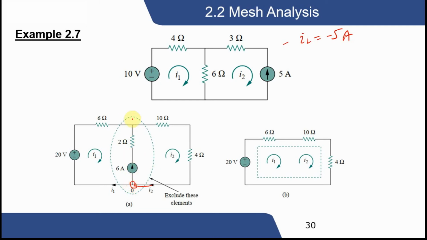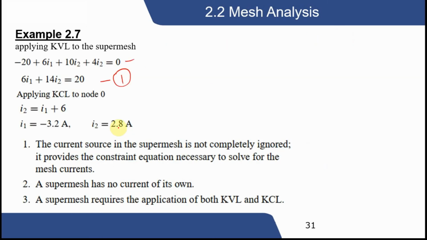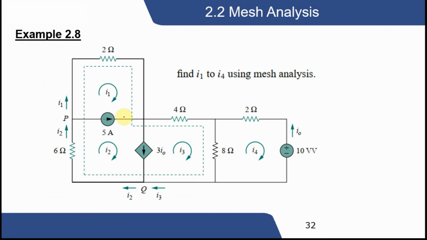We can select any node, we can also select the side. This is your choice. For this one, I2 is entering, I1 is leaving, 6 is leaving. When we have entering on one side and leaving on the other side, we can say that I2 equals I1 plus 6. And when we have two equations, we can easily solve for I1 and I2. So this is the super mesh analysis.